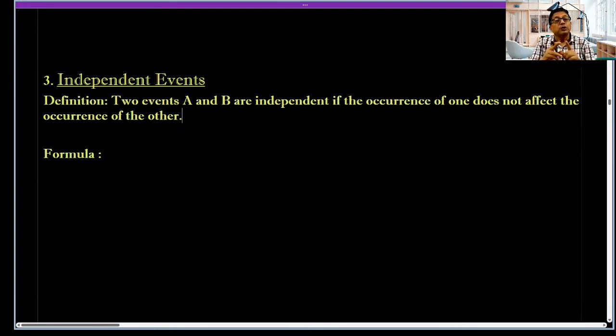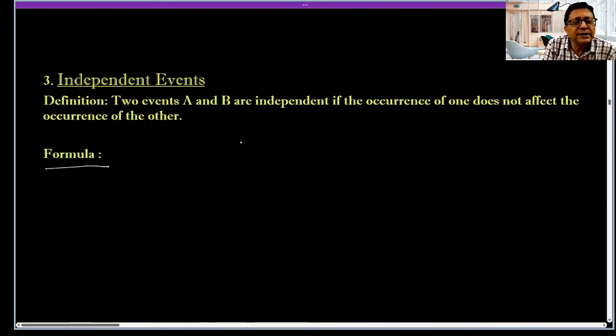Clear? So two events A and B are independent if occurrence of one is not dependent on the other. Two events A and B are independent if occurrence of one does not affect the occurrence of the other.